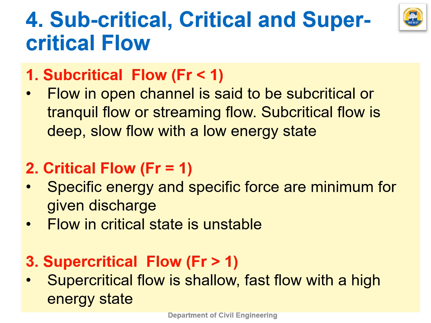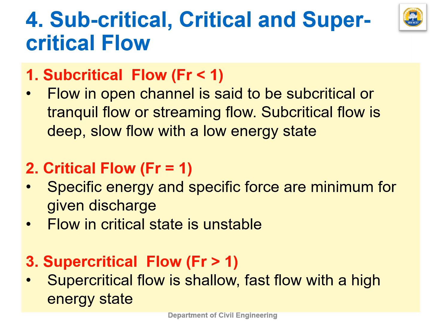Flow in an open channel is said to be subcritical, tranquil or streaming flow when the Froude number is less than 1. In subcritical flow, the flow is slow with a low energy state. In critical flow, the Froude number is equal to 1. Here, the specific energy and specific force are minimum for the given discharge.